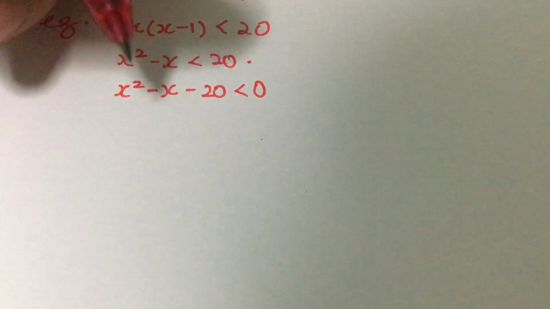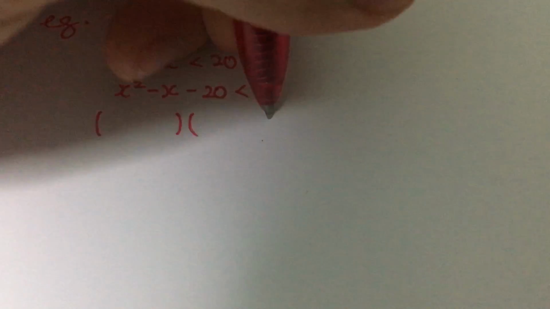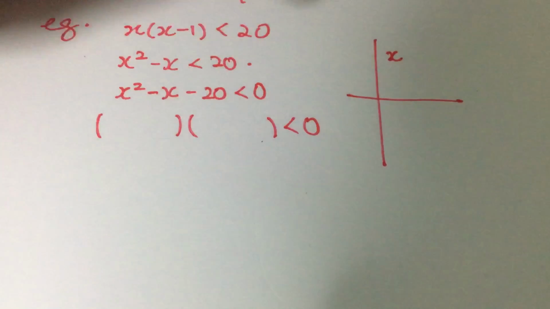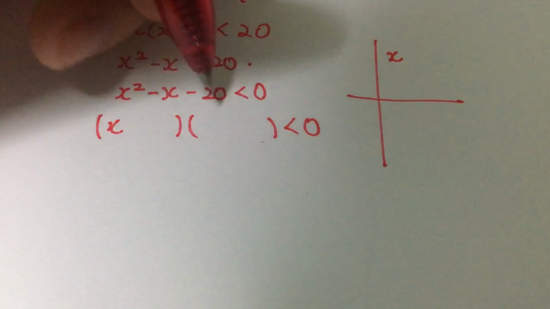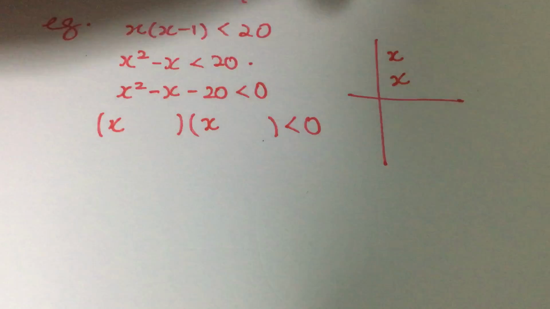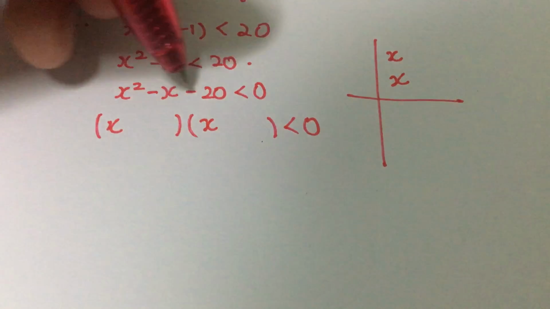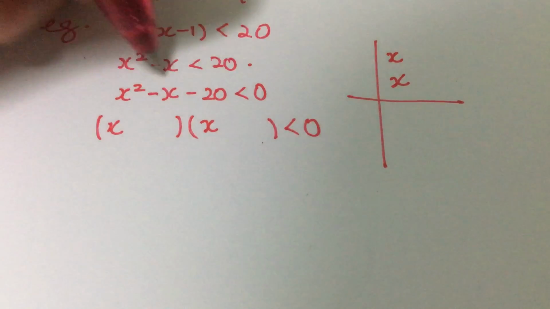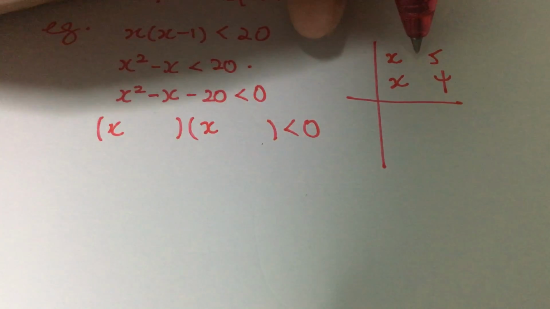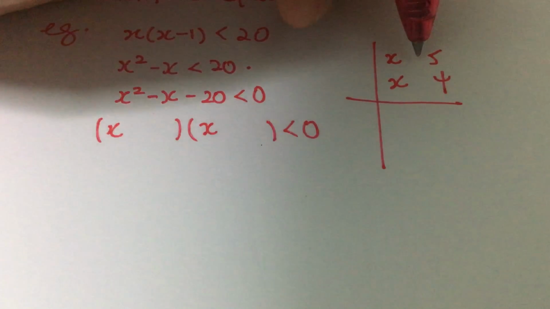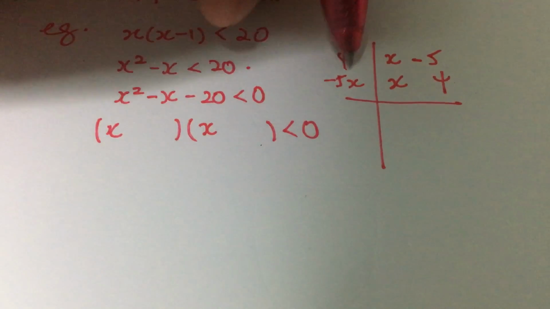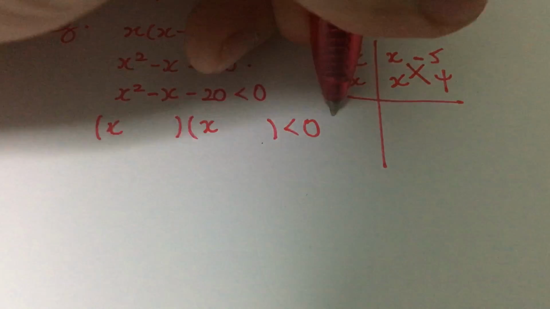The next thing is the factorization. We have x here, and definitely x here, and the next thing we have to determine is what gives you minus x. So we have 5 and 4, it could be either one, but it has to be minus 5, so that you can actually get negative x.